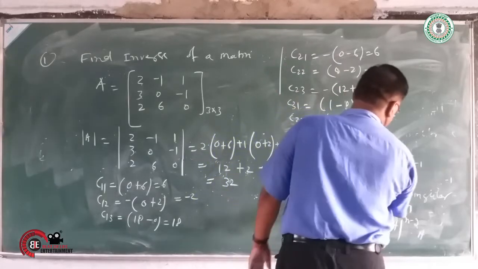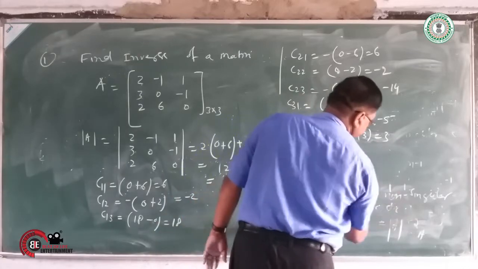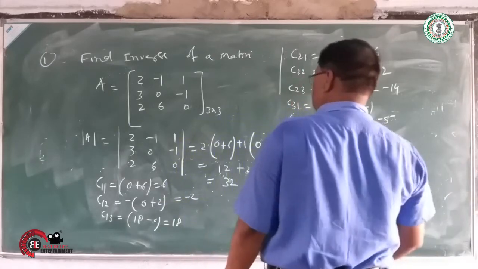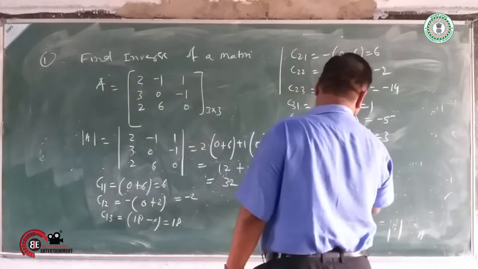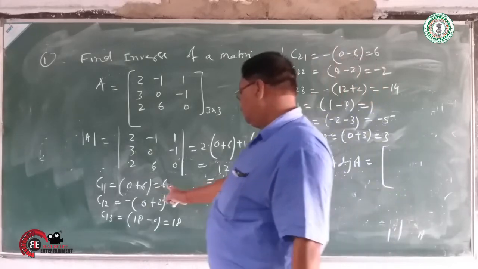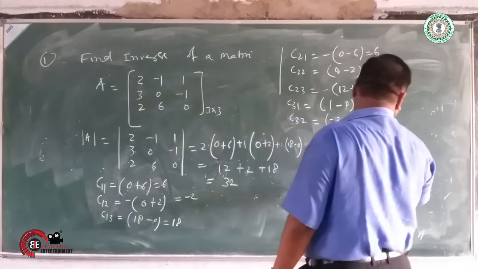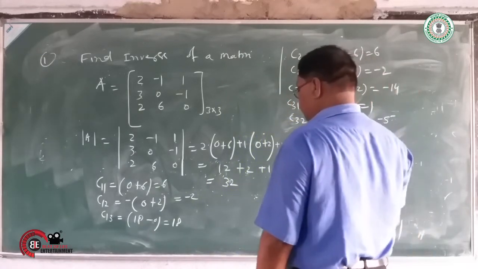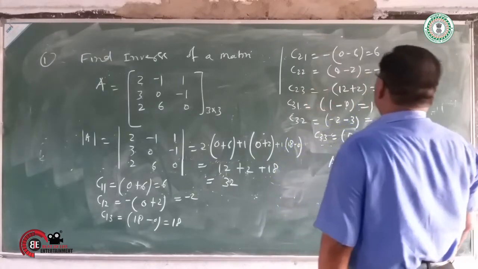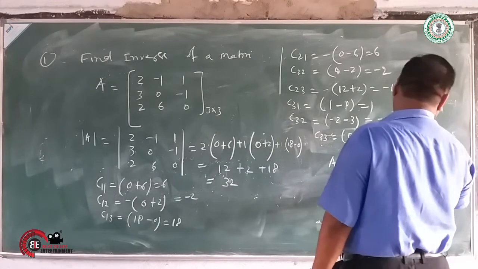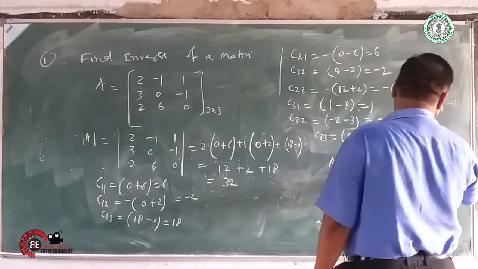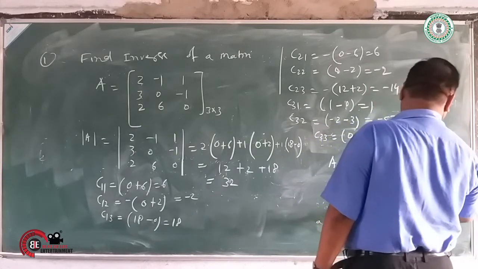So we can find adjoint of A. Just write the cofactors in columns: first column 6, minus 2, 18; then 6, minus 2, minus 14; and 1, minus 5, 3.